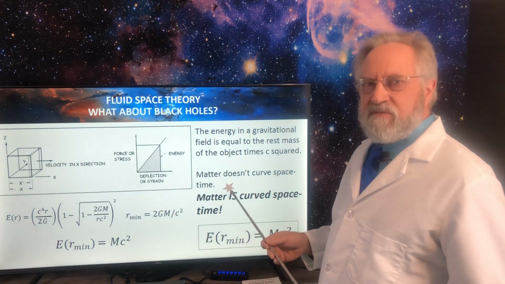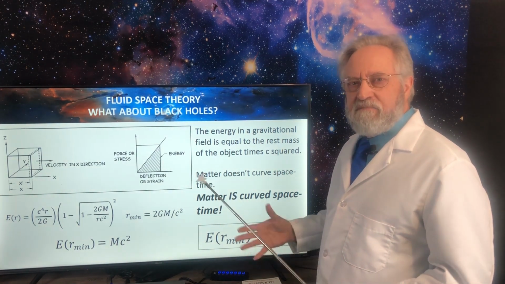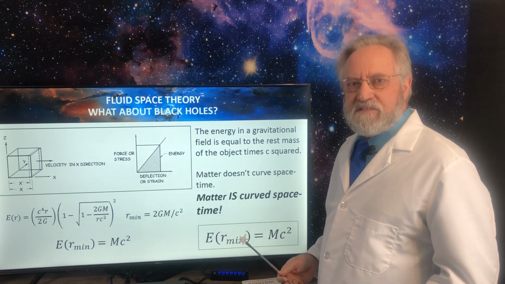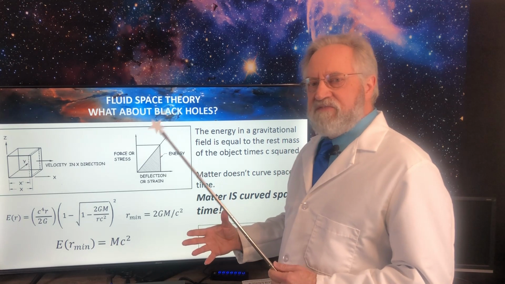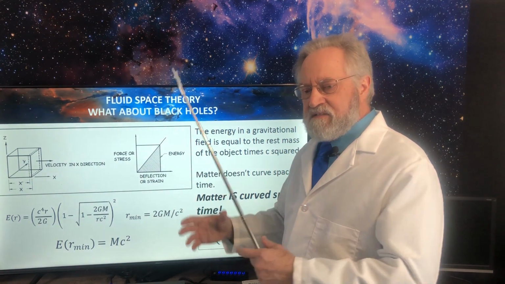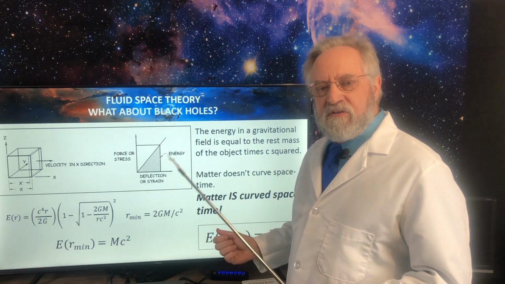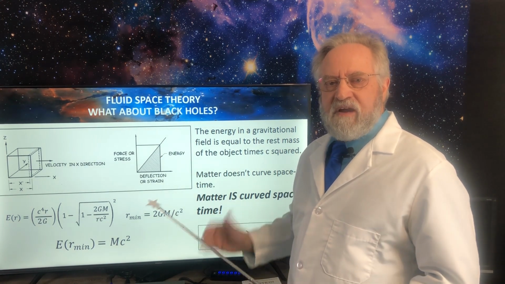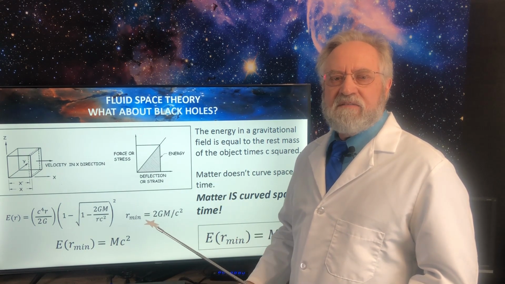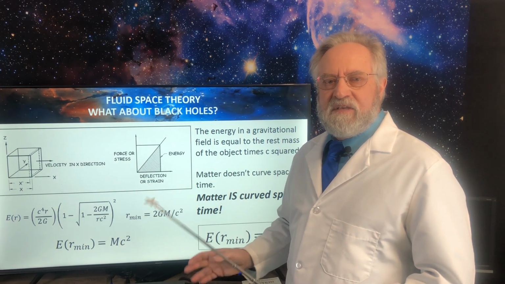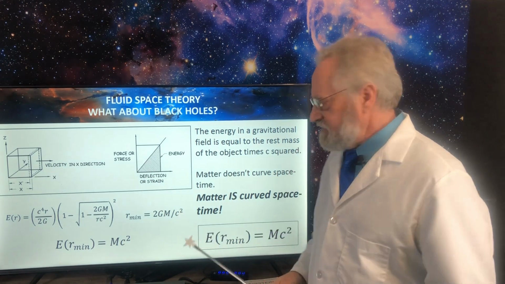But what this tells us with fluid space theory is that matter doesn't curve space-time. Matter is curved space-time. The energy in a gravitational field is the same as the rest mass of the particle, which means by the time you get to the event horizon, gravity goes away and there's nothing left to go further down the black hole, because the field itself is the mass.